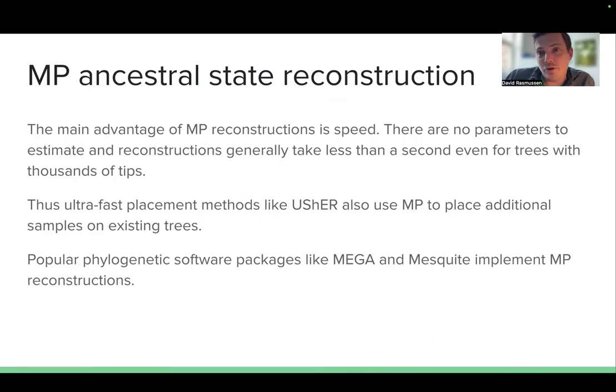So that's why they've become a very fashionable method, especially as sample sizes have grown in number. And now these maximum parsimony methods also underlie other clever approaches that we've seen, like the ultra-fast placement method that we looked at for the sample placement problem in phylogenetic reconstruction.